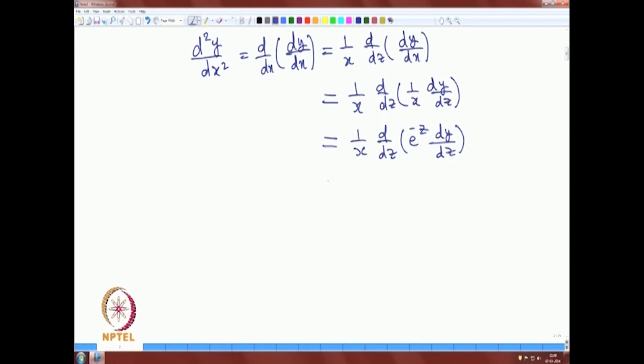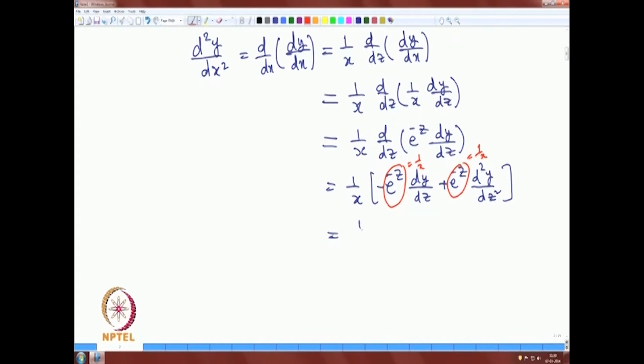Applying the product rule, this gives 1 by x into minus e to the power minus z dy by dz plus e to the power minus z times d square y by dz square. Since e to the power minus z is 1 by x, we can take 1 by x outside.